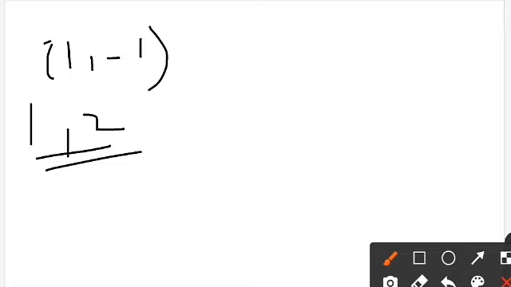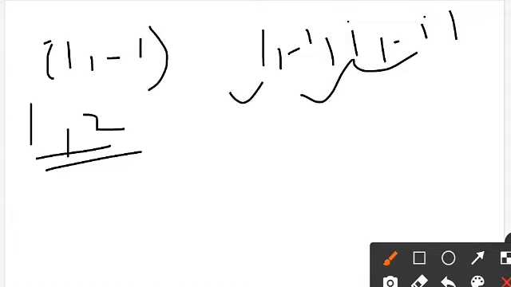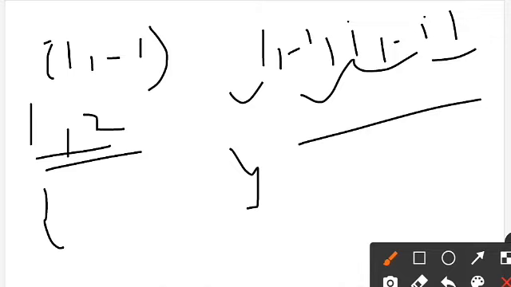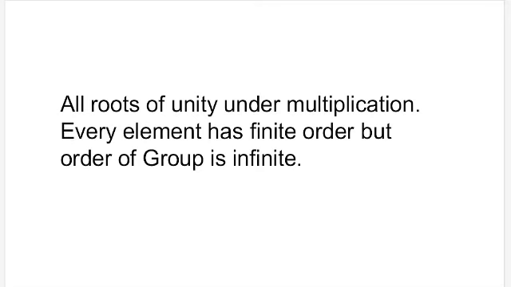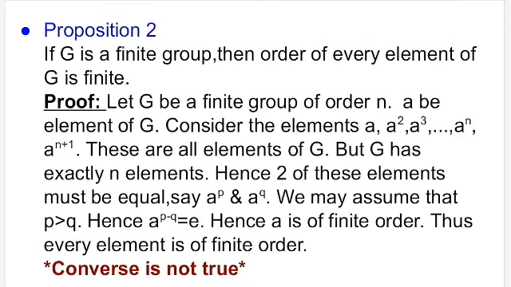Then consider the fourth roots of unity, that is 1, minus 1, i, minus i. In this case also we know that the order of 1 is 1, the order of minus 1 is 2, the order of i is 4, and so on. But the order of the group of roots of unity is infinite, because there are infinitely many roots of unity. So this is the counterexample, and the converse is not true.